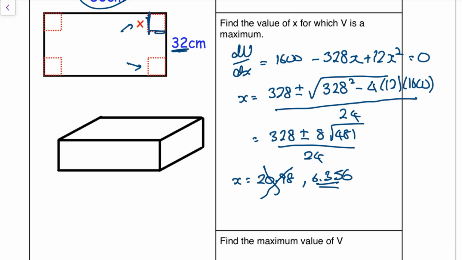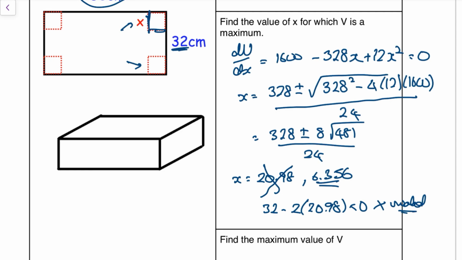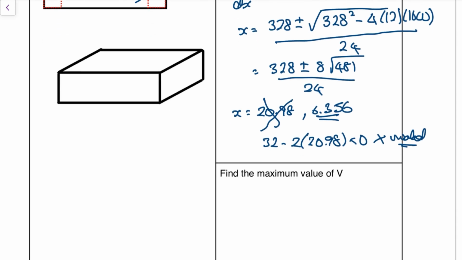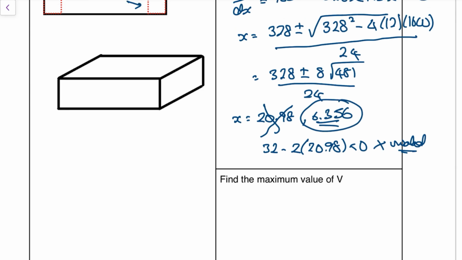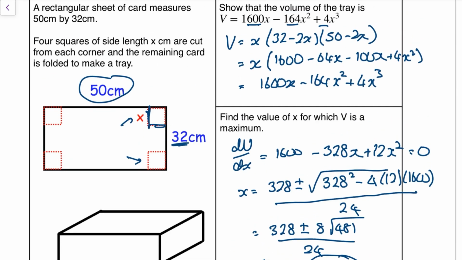If it says show or working or explain, I'm going to write something like 32 minus 2 times 20.98 is less than 0, therefore invalid. I'm just going to state that I understand why. Either way, find the maximum value of V. I'm going to take my value of x and put it in my original equation, which I've worked out here.